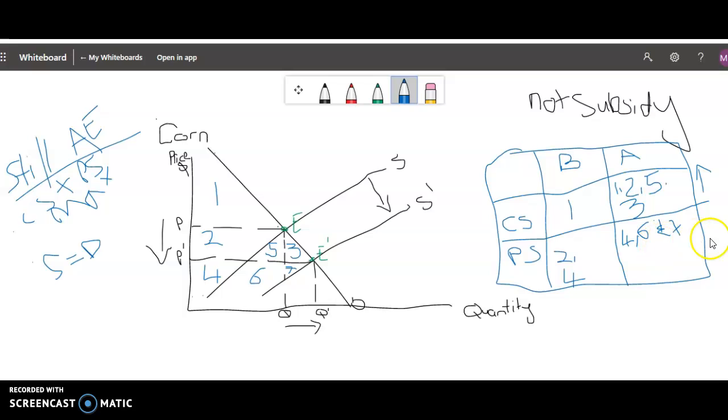In terms of their surplus, it's kind of hard to tell. We really need numbers here. 2 and 4, if you compare that to 4, 6, and 7, it's possibly around about the same, or maybe a slight increase. Again, I don't want you to worry too much about whether it has increased or decreased.